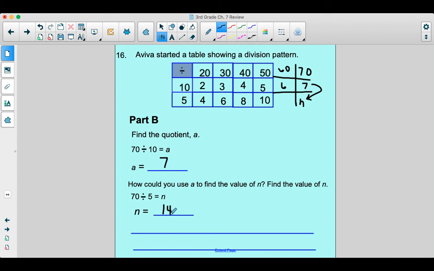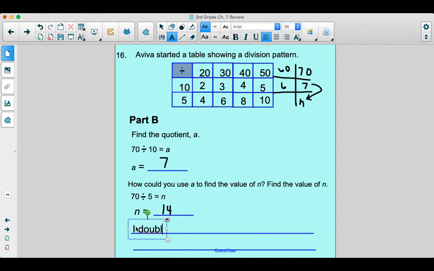How would you explain how you found your pattern? Let's see. Maybe I could say I doubled the 7 from A and made it 14.